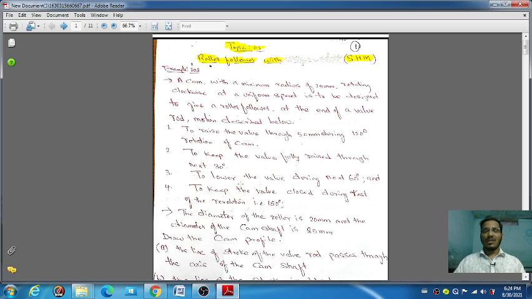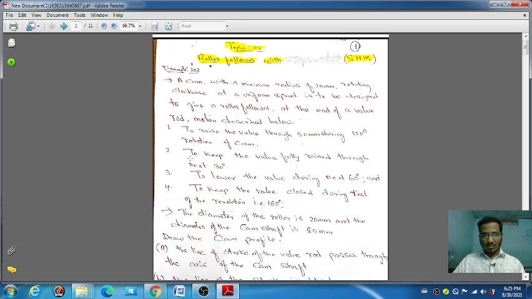It means the follower will move from the minimum position to the maximum position, 50 millimeter, during the 120 degree rotation of the cam.